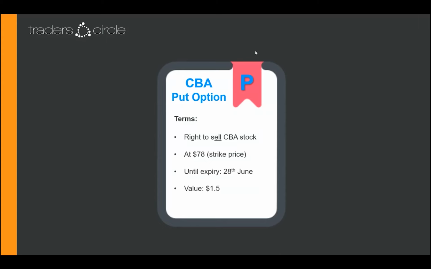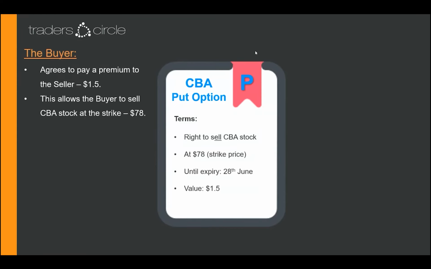So this option is going to end in like 10 days or 18 days, right? And the value of the option is $1.50. So the buyer agrees to pay the $1.50. That allows them to sell their CBA stock at 78, if they want to. And they have until the 20th of June in order to do that, if at all.